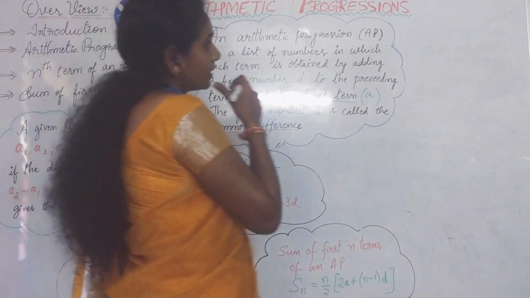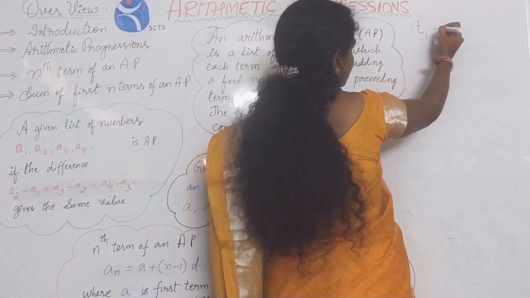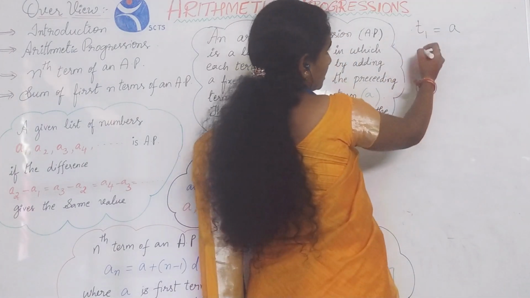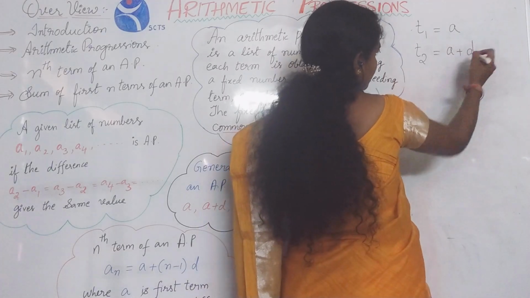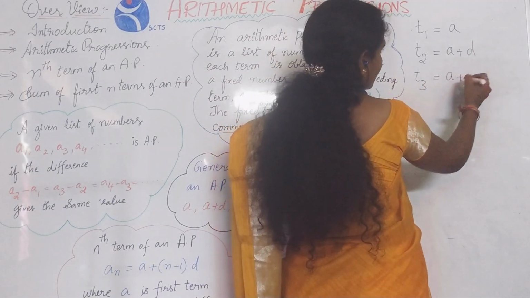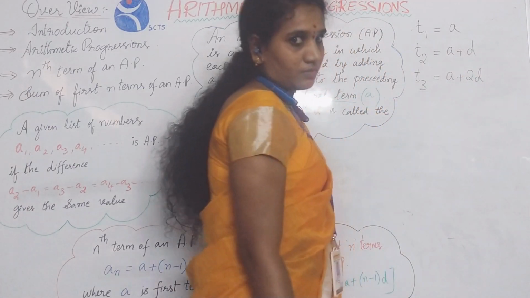Now let us see how to find the nth term of an AP. If I take the first term as A, I add D to the first term to get the second term, so A plus D. Now the third term you get by adding D to the second term, so A plus D plus D is A plus 2D.